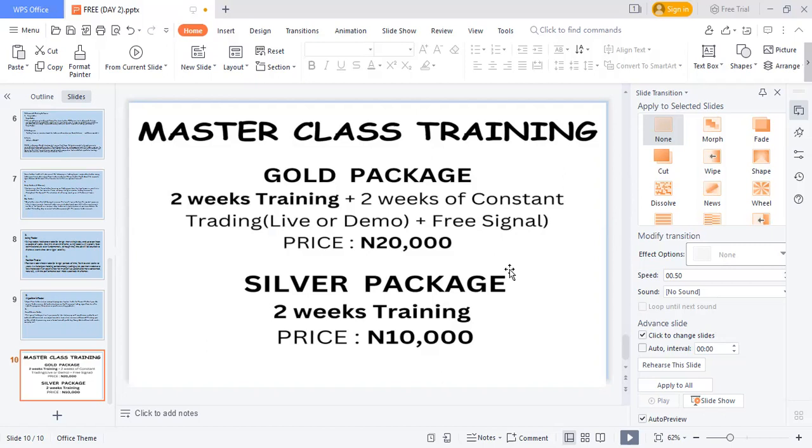But for the silver package, it's very simple. You have a 2 weeks training, the price is 10K. Listen, it doesn't mean that you will not be getting the same training as the gold package. In fact, it's the same strategy and the same material I'll be using. But once your 2 weeks has reached, the contract terminates. What contract? The 2 weeks of constant trading, live or demo, checking on you in that group, and free signals.